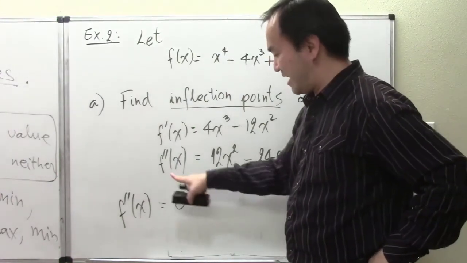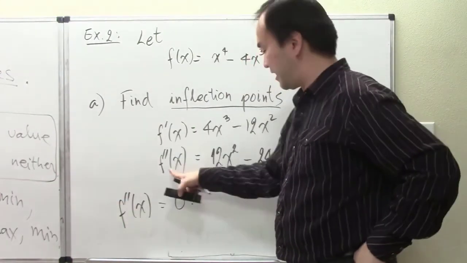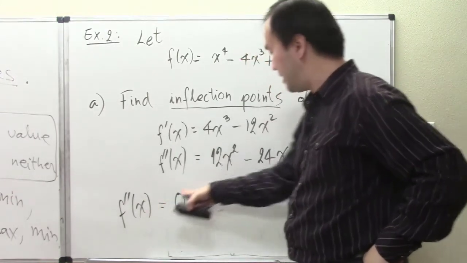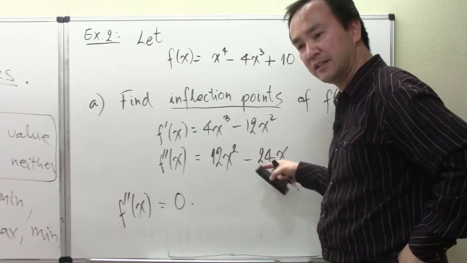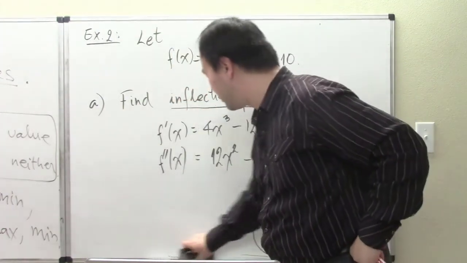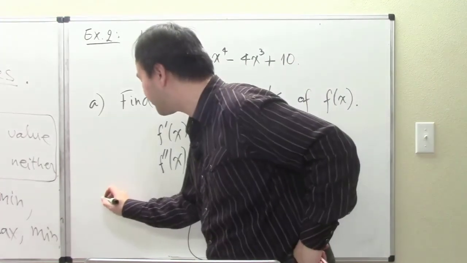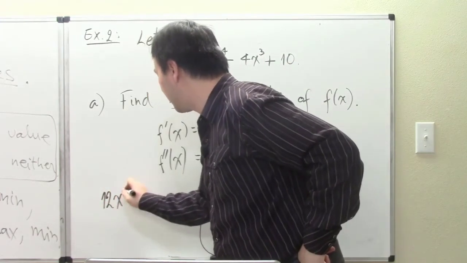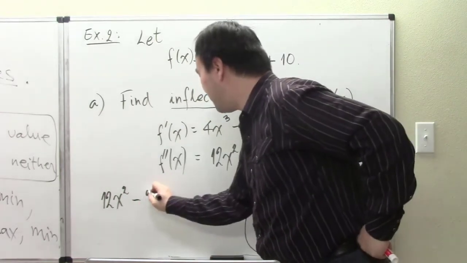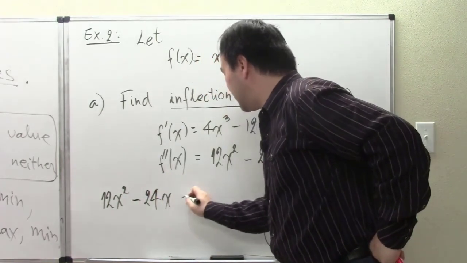So I am going to directly bring that understanding into our problem. Our f double prime is 12x squared minus 24x, so I produce an equation to solve: 12x squared minus 24x equals 0.